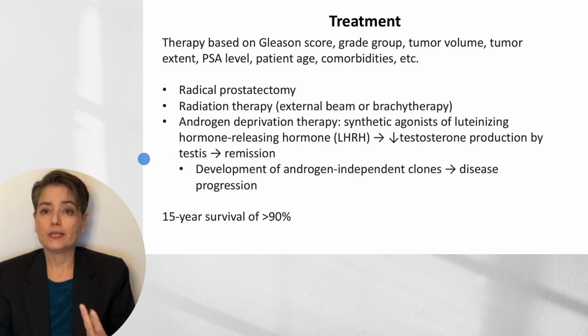This can lead to an initial remission. However, as you saw from our discussion of the genetic situation for prostate cancer, we can get additional androgen-independent clones leading to disease progression. However, another thing to keep in mind is that the 15-year survival is greater than 90%. This is in part a reflection of the fact that many of these are indolent tumors.